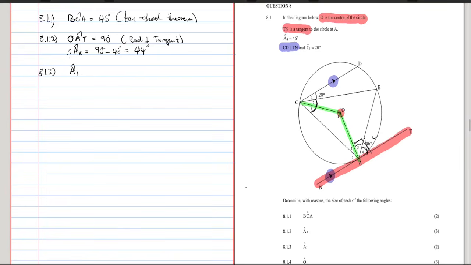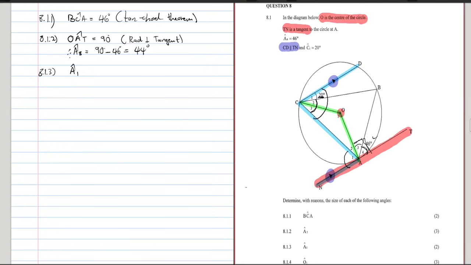Oh yeah, it is. This, that, and this, right? They are alternating angles. So the angle A1 is alternating with this entire angle right here.